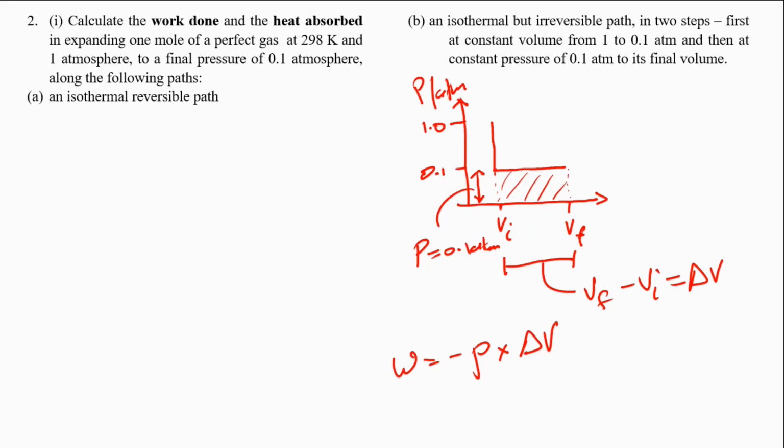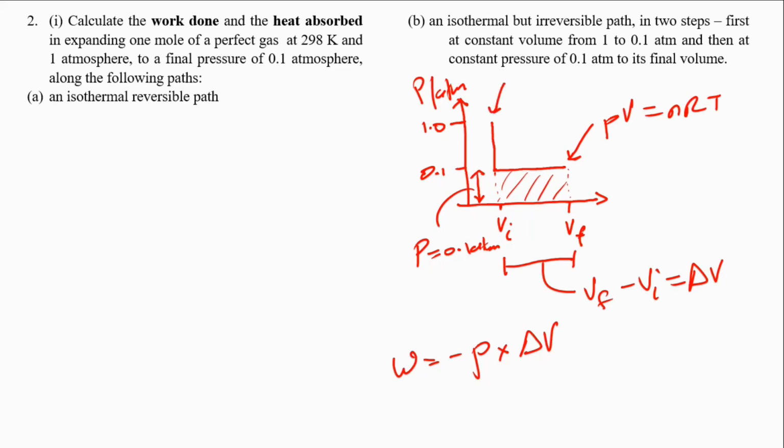Now, the thing is, we don't have the volume values. This is an irreversible process, which means that right here, which is the final stage, PV is equal to nRT.